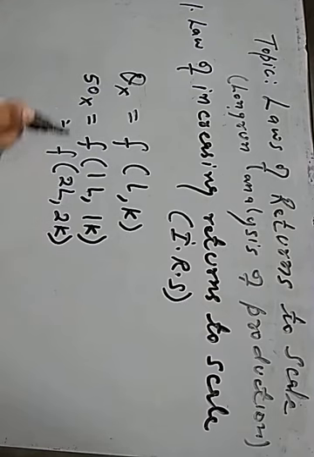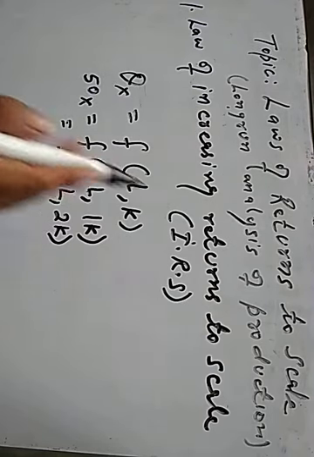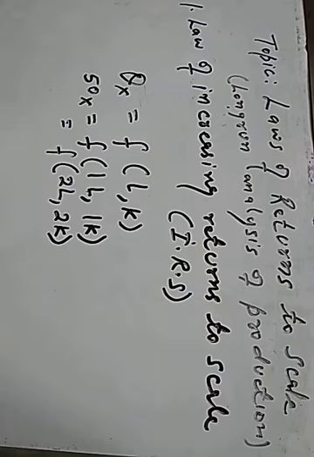In case of increasing returns to scale, as I have told you, the output will increase more than the increase in inputs. If the inputs have doubled, the output will more than double. Suppose it has increased from 50 units of X to 150 units of X. We have doubled the inputs from 1 to 2 units of labor and from 1 to 2 units of capital.